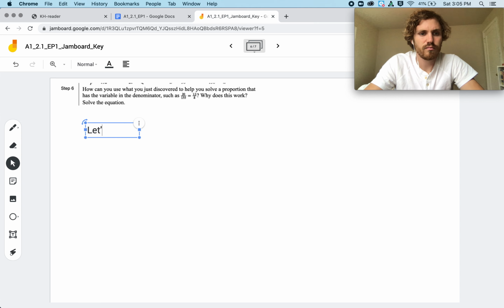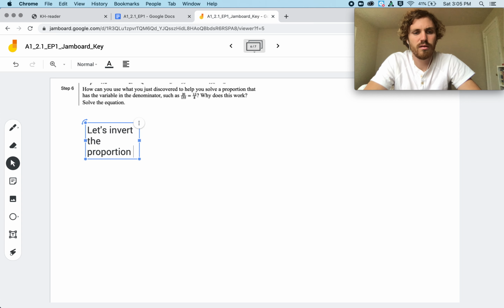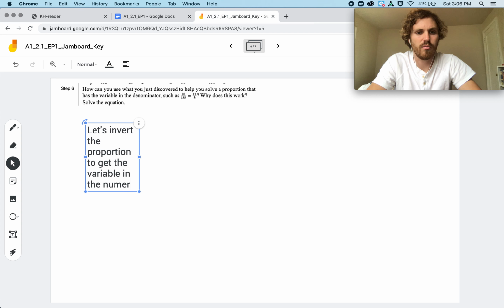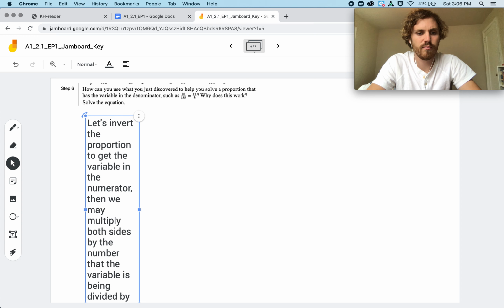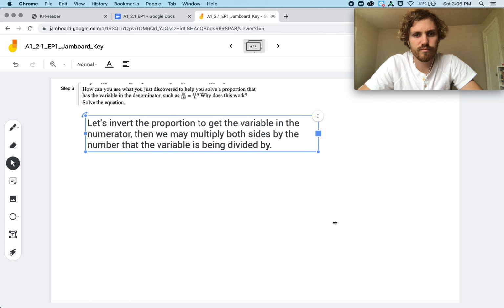let's invert the proportion to get the variable in the numerator. Then we may multiply both sides by the number that the variable is being divided by. Okay?